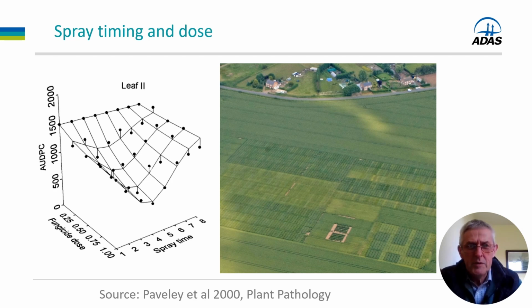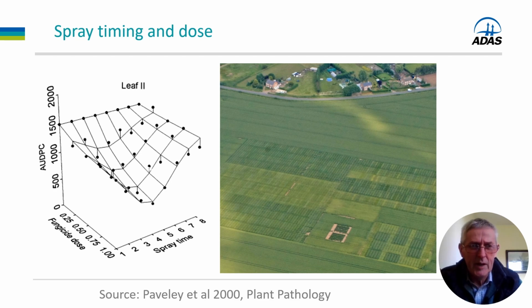If you do all that, then what you end up with is the little black dots on this diagram. So there's one little black dot representing the disease severity for every spray timing and every dose. And you can then fit a mathematical function that describes a surface that describes those data.